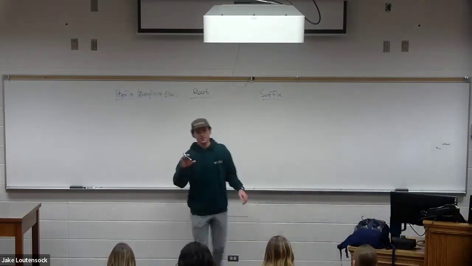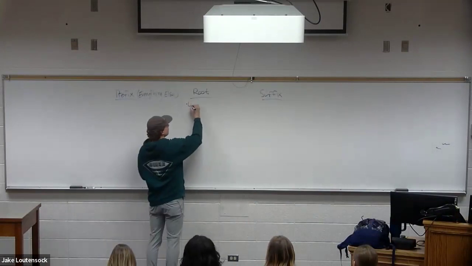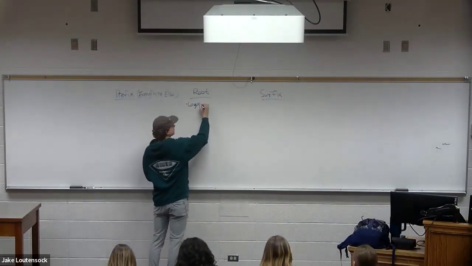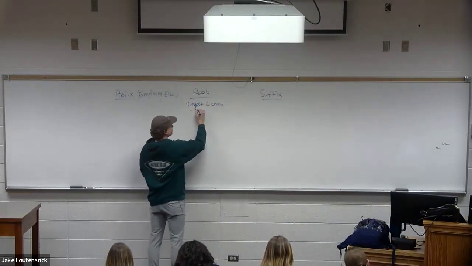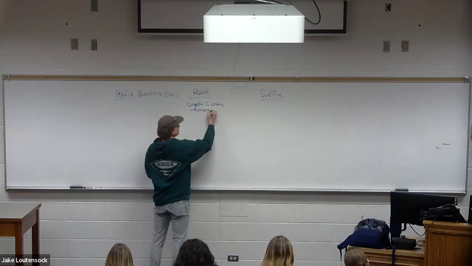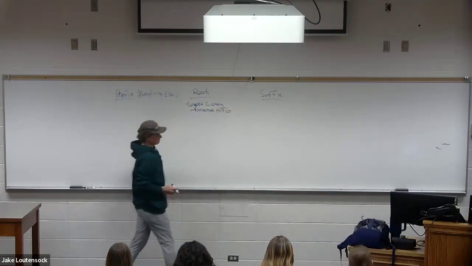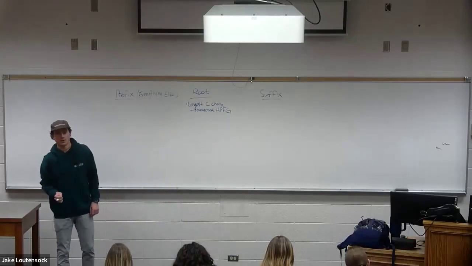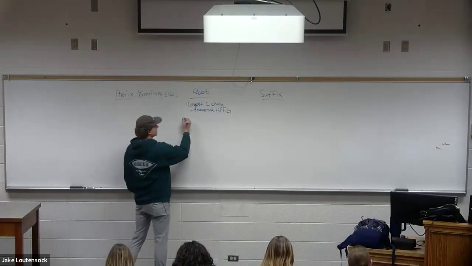So the root is what is always going to contain the longest carbon chain that's connected to your highest priority functional group. We'll leave that as a little mystery for now. What else does it include?